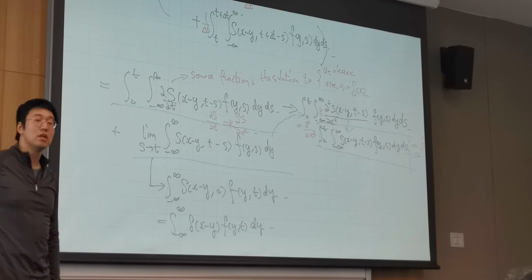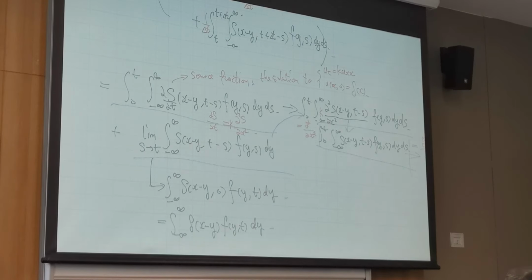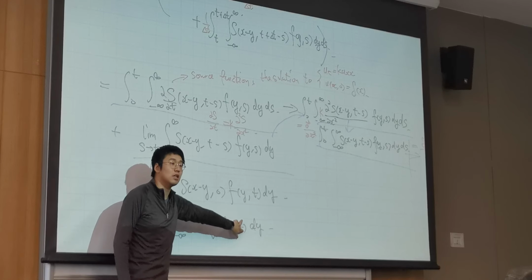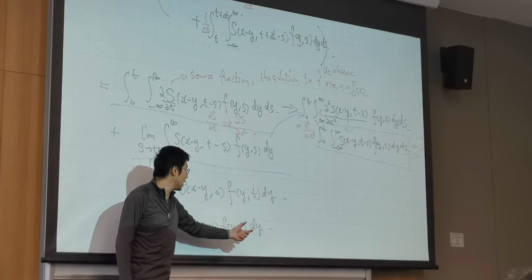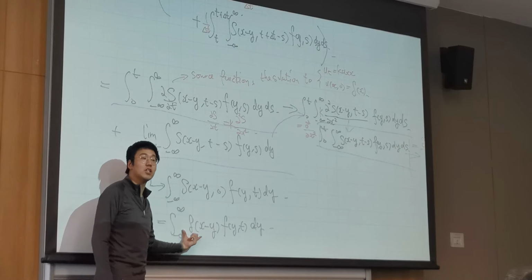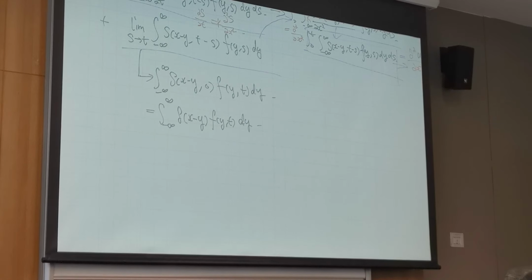Is that right? And what property of the delta function have we discussed? So this is a convolution. If I'm fixing t, the second term is just a function of y, right? So this is actually a convolution between delta x and f x, t.